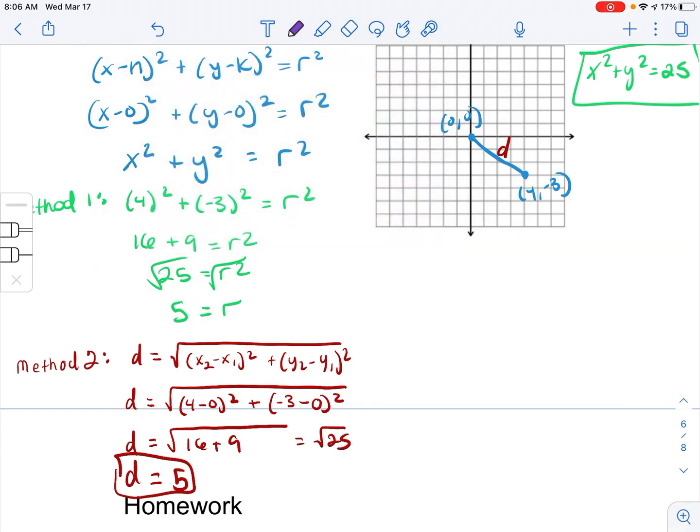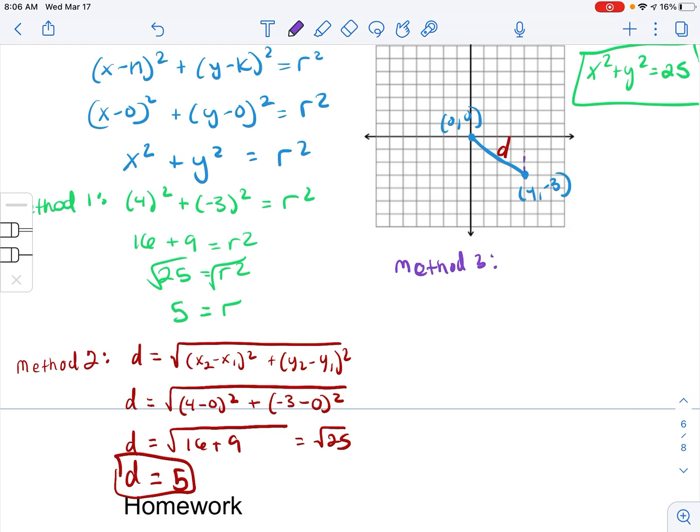And the last and final method, which is going to be an important method when we go to trig, is to use a triangle to be able to calculate the measures. So what do I mean by that? Well, looking at this picture, we see that we have a diagonal line.